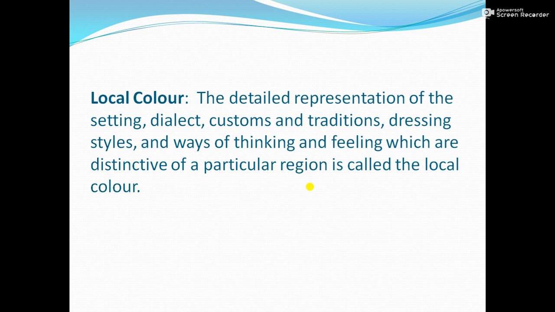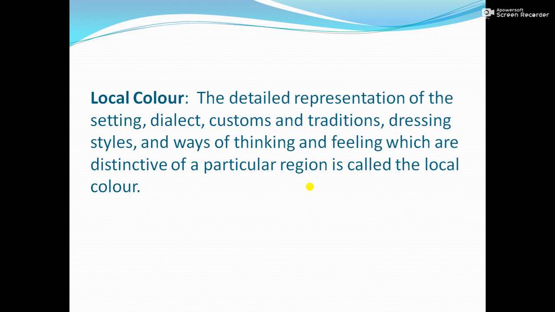So, customs and traditions. Again, to understand this term, we will take the example of Maharashtra. In different parts of Maharashtra, various festivals are celebrated in a slightly different way.